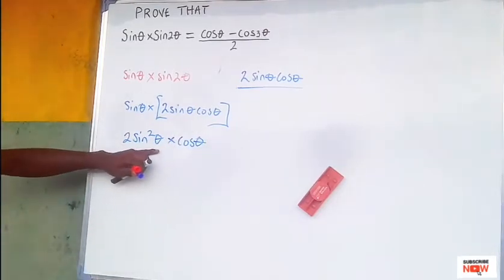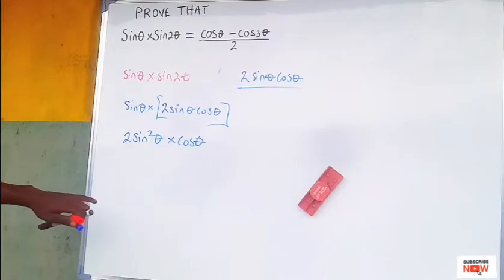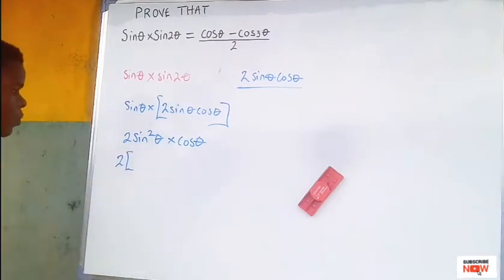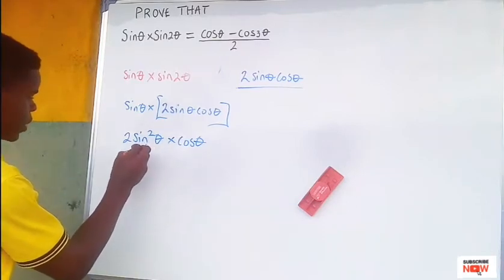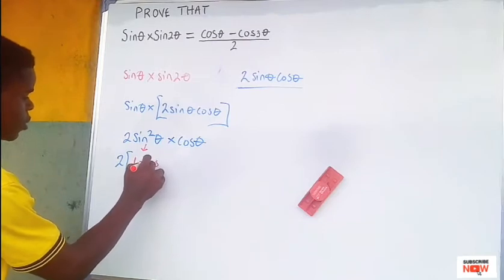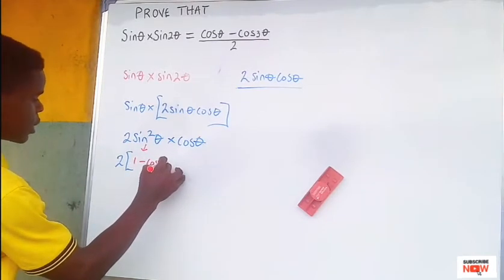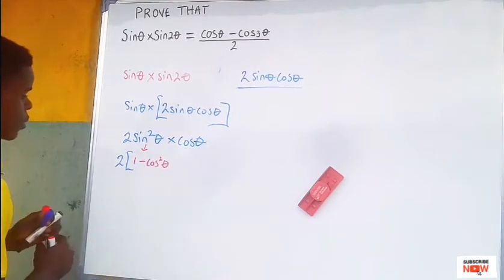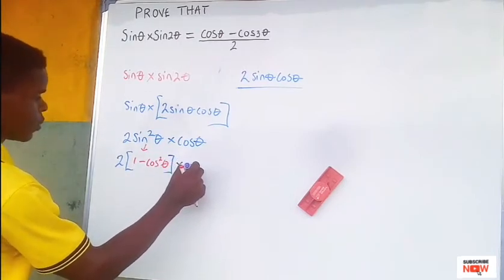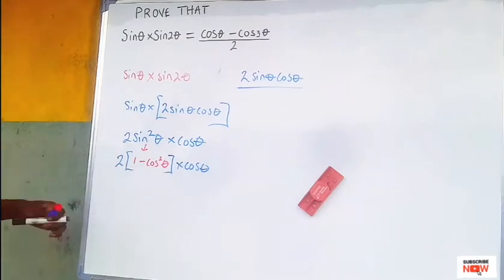From your basic identity, sine squared theta is the same as 1 minus cosine squared theta. So we put that in, times cosine theta, and multiply this out.